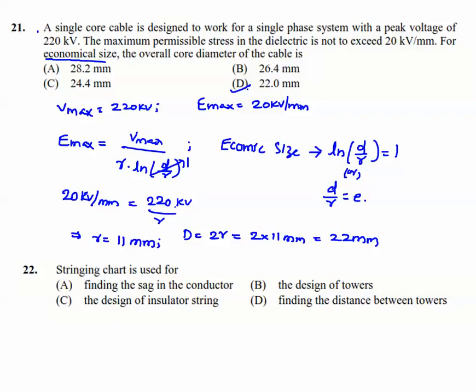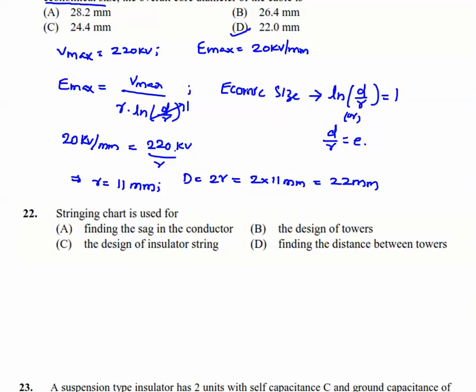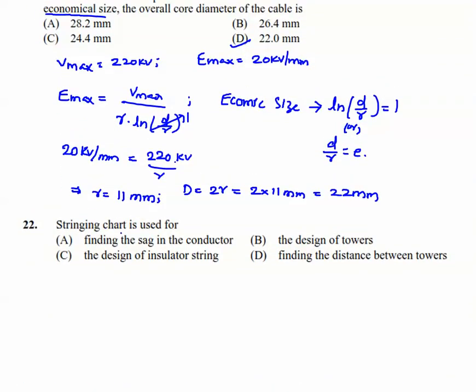And the last question for this session is, the stringing chart is used for? Okay, so normally the stringing chart is used for finding the sag in the conductors. So the stringing chart is drawn like this. Here on the x-axis we will take temperature, and on the y-axis we will have tension and sag.